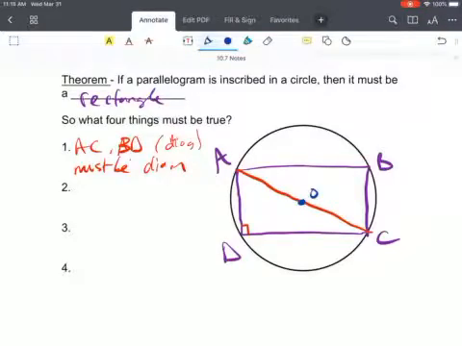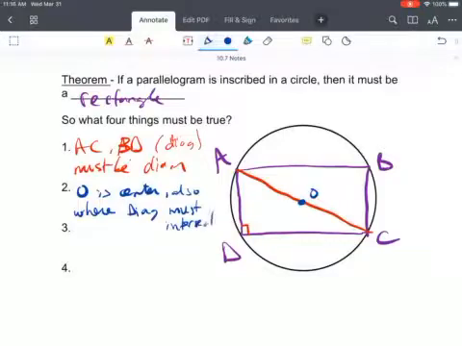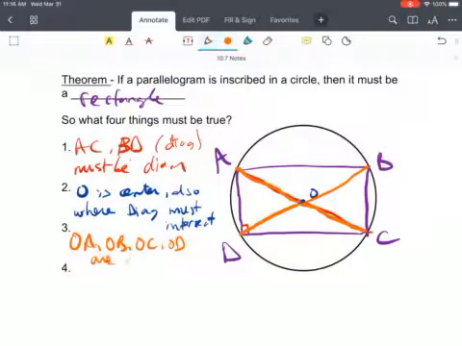Another thing, since O is the center of the circle, it's also where the diagonals must intersect. And because of that, OD, OA, OB, and OC are all radii of the circle.